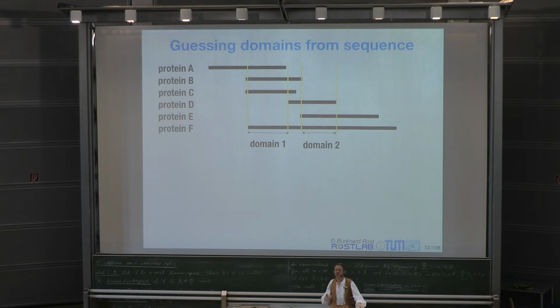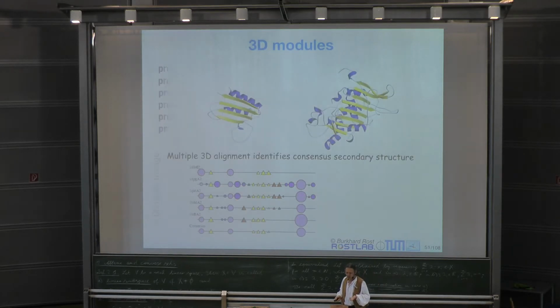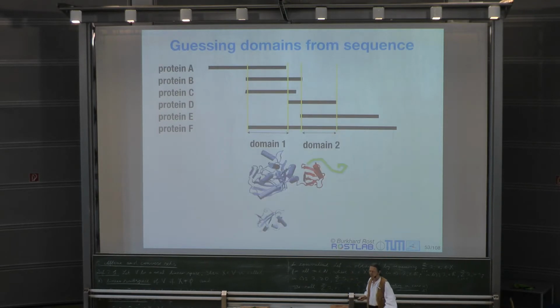And ultimately, the answer is, this is a region where the alignment is not so clear. So I put the second domain at a point that in some sense makes most sense. And I essentially say there's something in between where I don't know. So this means that domain 1 could actually be a little bit longer, or it means that domain 2 could be a little bit longer. Or it could actually differ between these 2 different proteins.